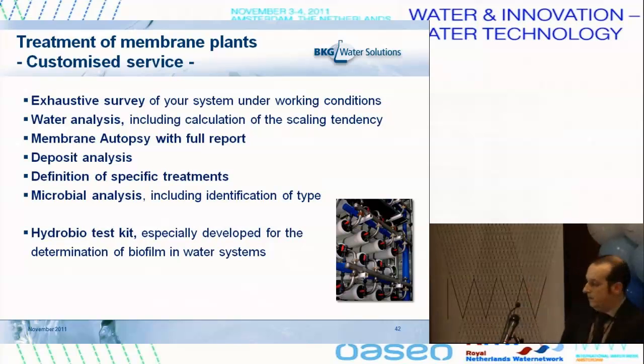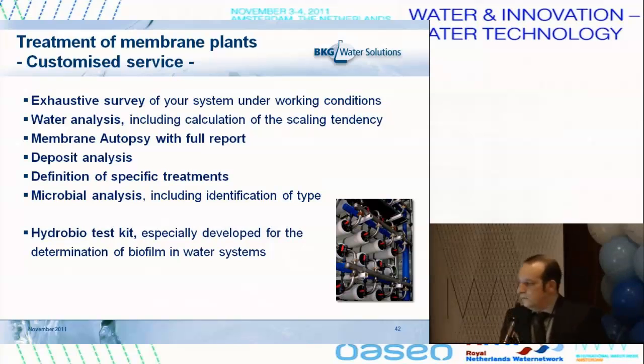So, to summarize a little bit, for the treatment of membranes, you have to have an exhaustive survey of all working conditions in the field. You have to have a water analysis to calculate the scaling tendency. We are able to do membrane autopsies with a full report, which gives indication if there were problems, or if there are problems, how to solve them.